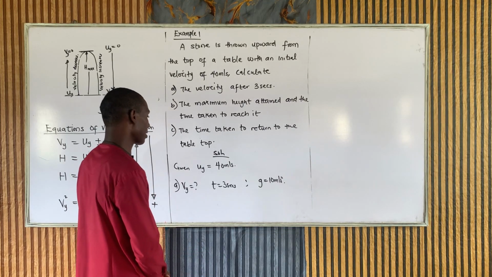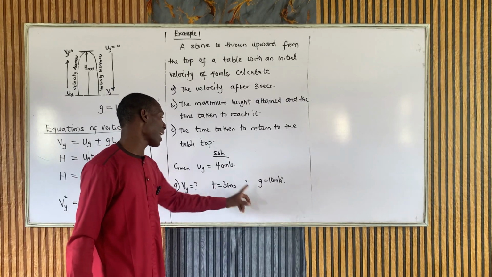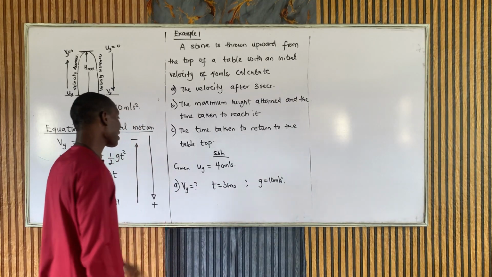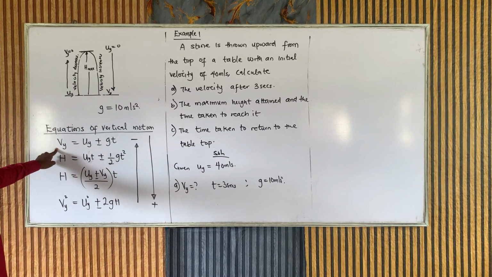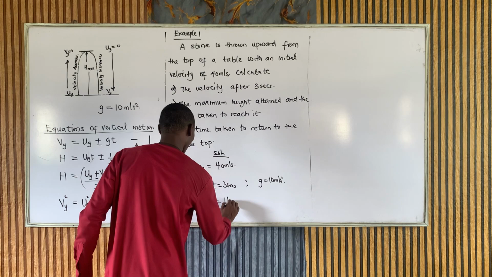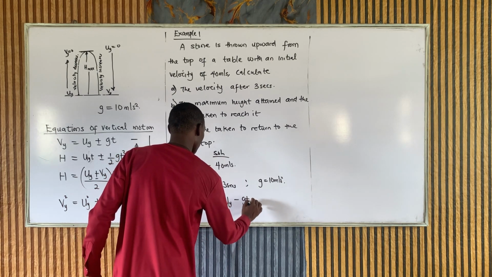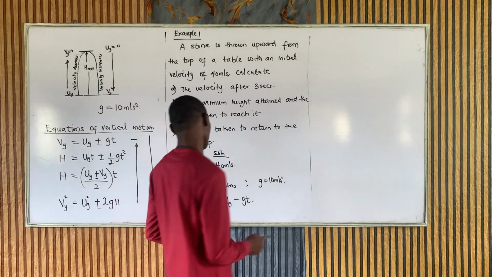How do we get the velocity? We are given t, we have our g, and then we have u. Obviously, we are asked to get v. So obviously, the first equation here is what we're going to use. So we have vy is equal to uy minus gt. Now, we're looking for vy.